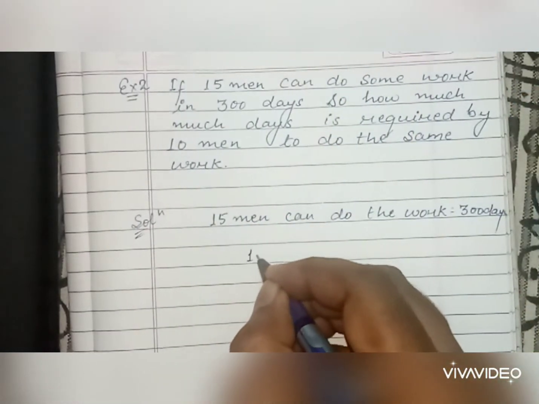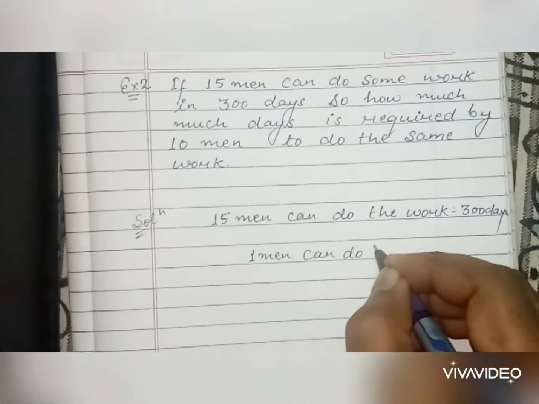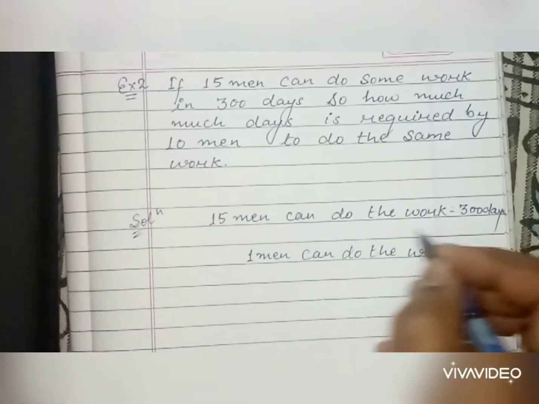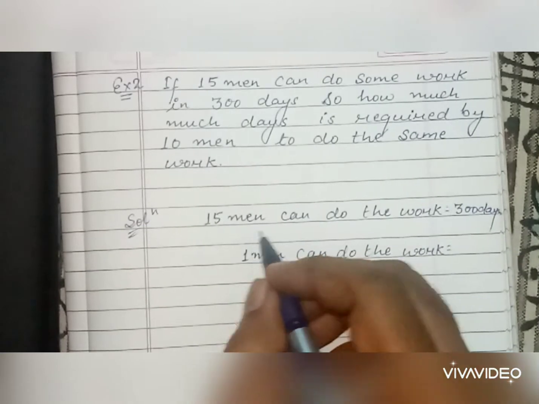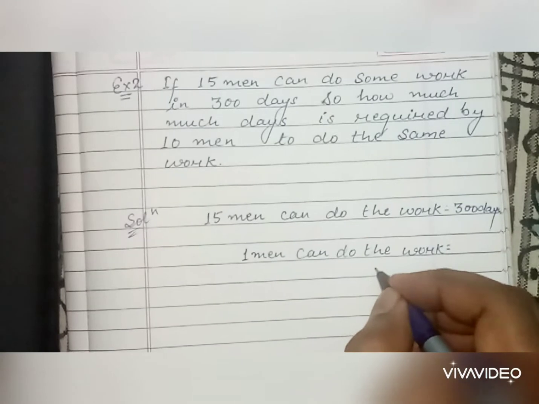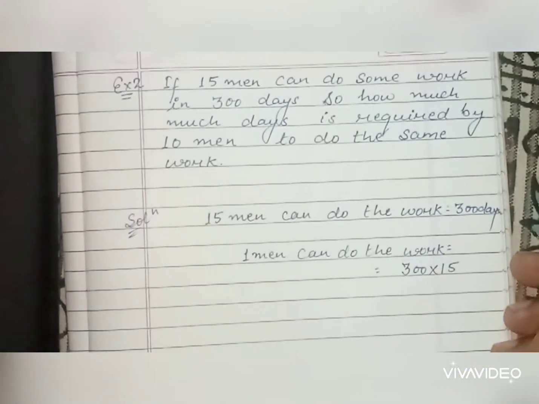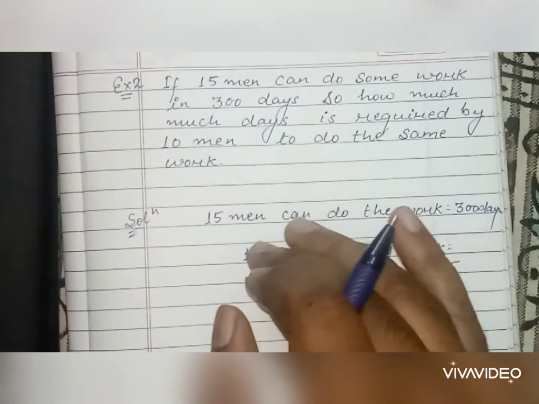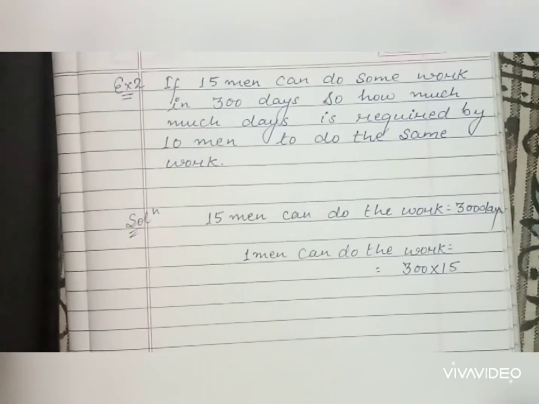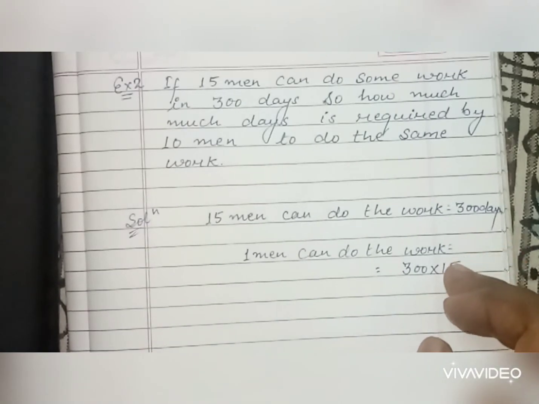So one man can do the work. If 15 men require 300 days, so one man can do the work in 300 into 15. If a smaller number of days is required by 15 men, one man will require more days.